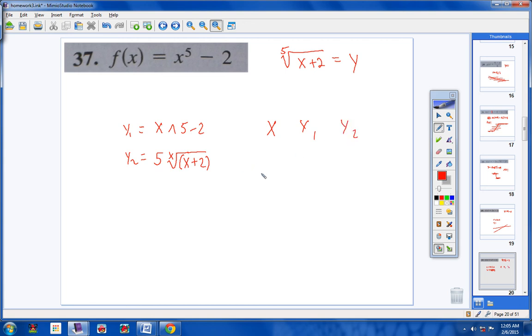Just to pick out one point, if you look at negative 1, you get a negative 3. So for the first function, when you put in negative 1, you got out negative 3. That means for the other function, you should put in a negative 3 and get out negative 1. So find negative 3 in this column, and then go over to here, and you'll see there's a negative 1 there. Okay, this is working just fine.